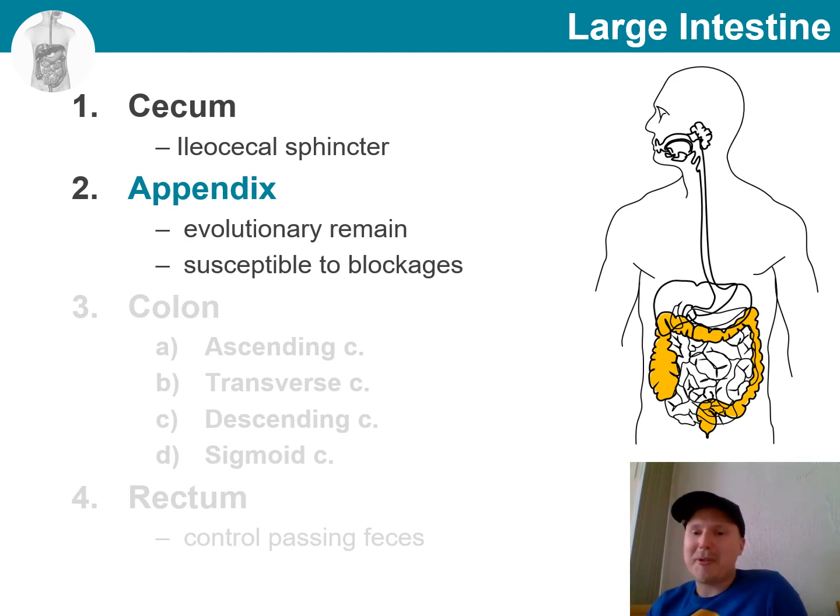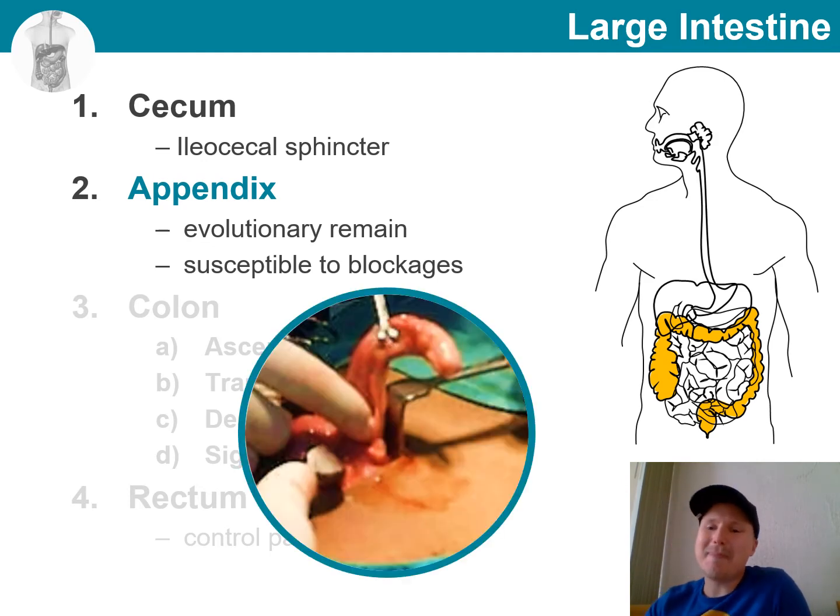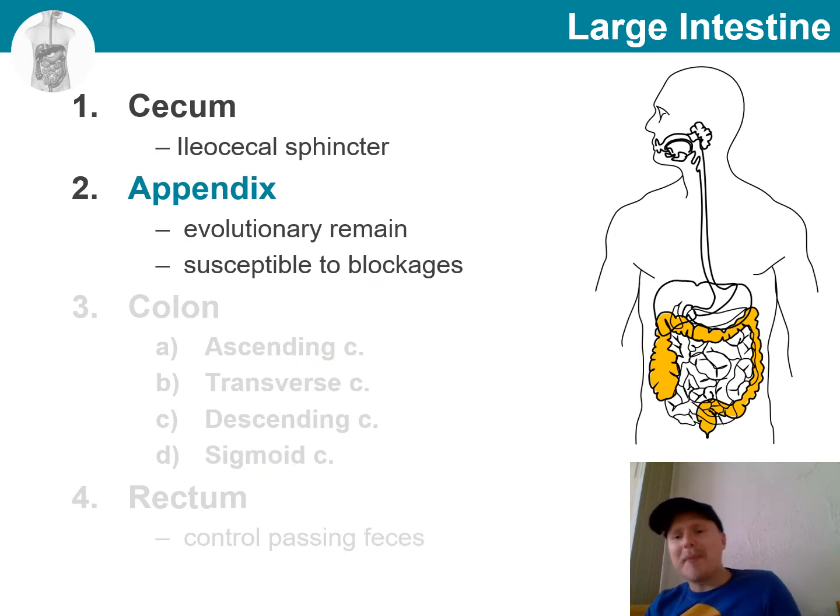You may have heard about someone getting their appendix inflamed and needing to get it removed, right? Well, if that is the case, why would we have a structure like this that is not really needed, but is prone to issues, and issues which can become fairly serious? Well, although we do not really need the appendix these days, one of the best accepted theories is that it was useful back in the day.